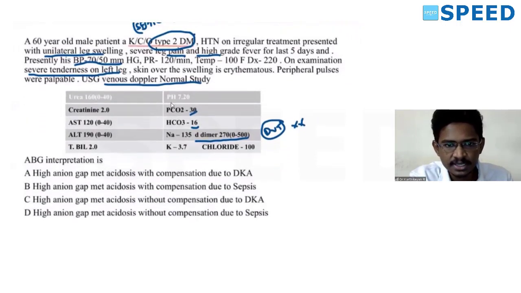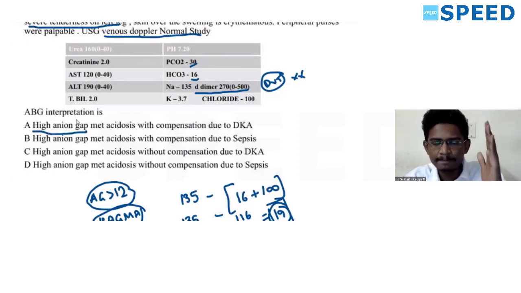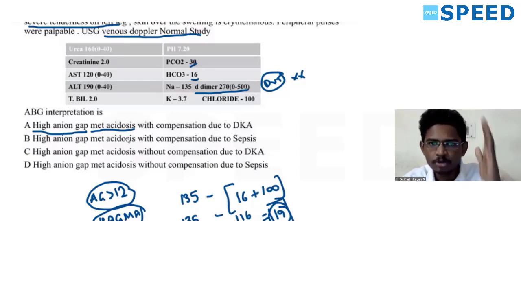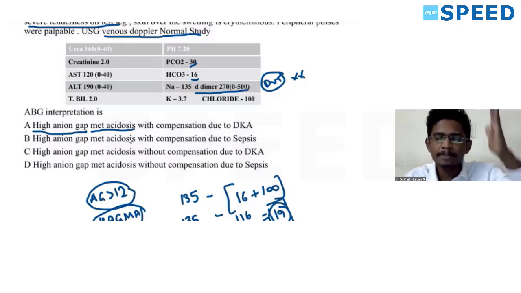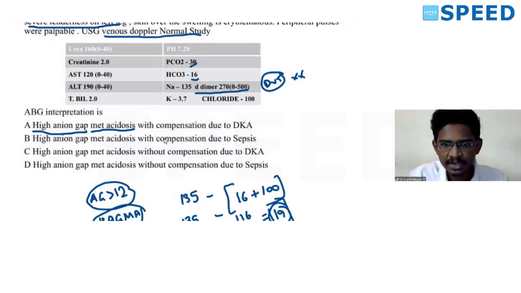So from the ABG, I can tell it is a high anion gap because anion gap is more than 12 in this patient. Then it is a metabolic acidosis because I found bicarb to be low and pH to be low. So it is metabolic acidosis and gap more than 12, and it is with compensation.